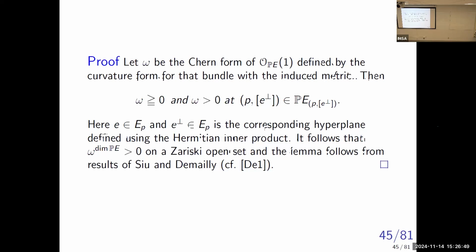So the curvature form is the Chern form of this line bundle, the O(1) line bundle, on the horizontal spaces. So if you have positive curvature of the vector bundle, that translates into positivity for the Chern form of the O(1) bundle on the projective bundle, and that's an ampleness type, or bigness and nefness type statement.